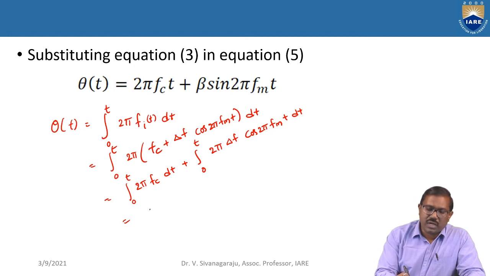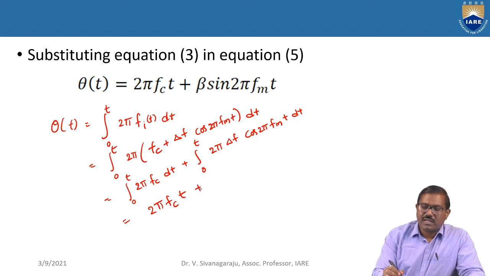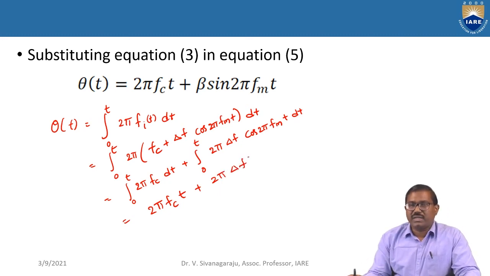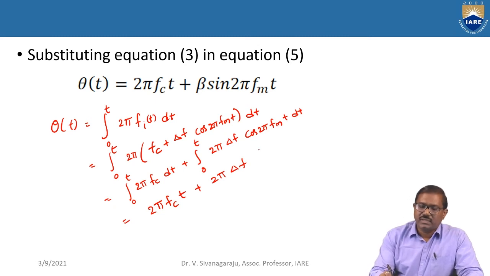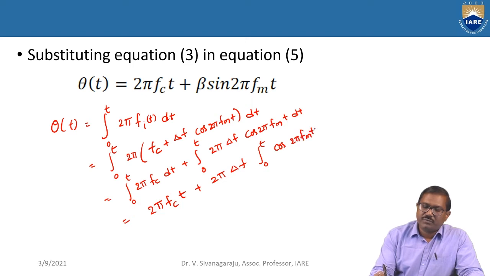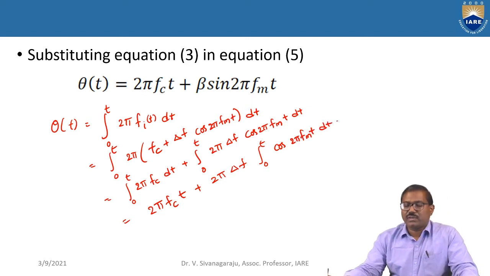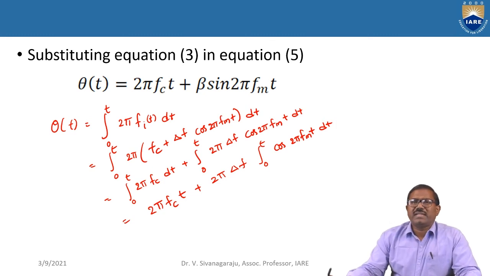So finally, the first term is 2 pi Fc t, and the second term, the 2 pi delta f, we put outside, and here we have to integrate cos 2 pi Fm t dt. So we are going to integrate this cos term, and we get sine.